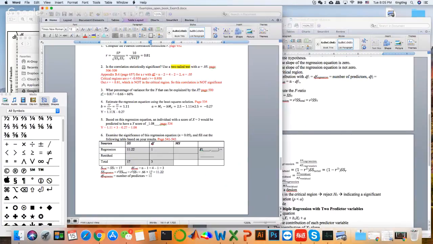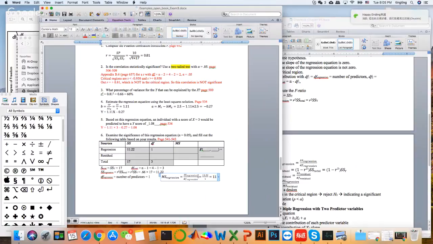MS regression is equal to its SS divided by the DF, right? Which equals to zero itself.